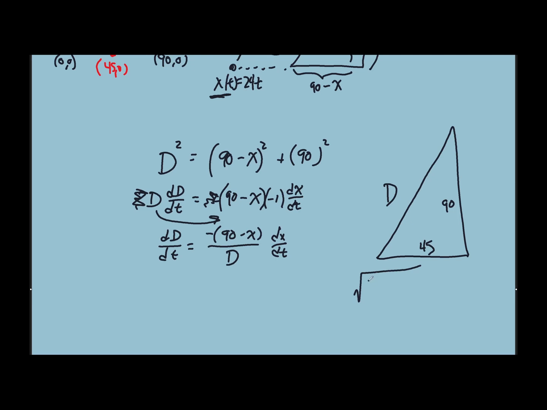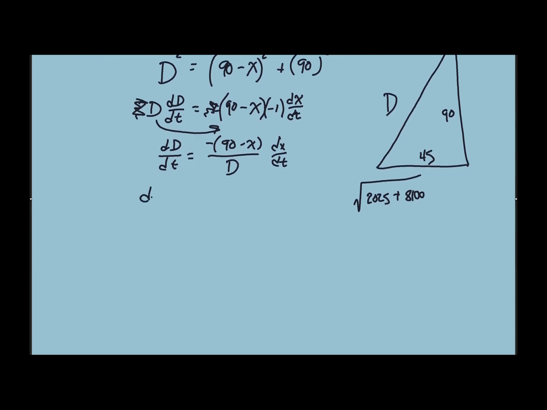What's 45 squared? I'm going to type it right in here. 45 times 45 is 2025 plus 90 squared is 8100. So if I take the square root of those two together, I get D.